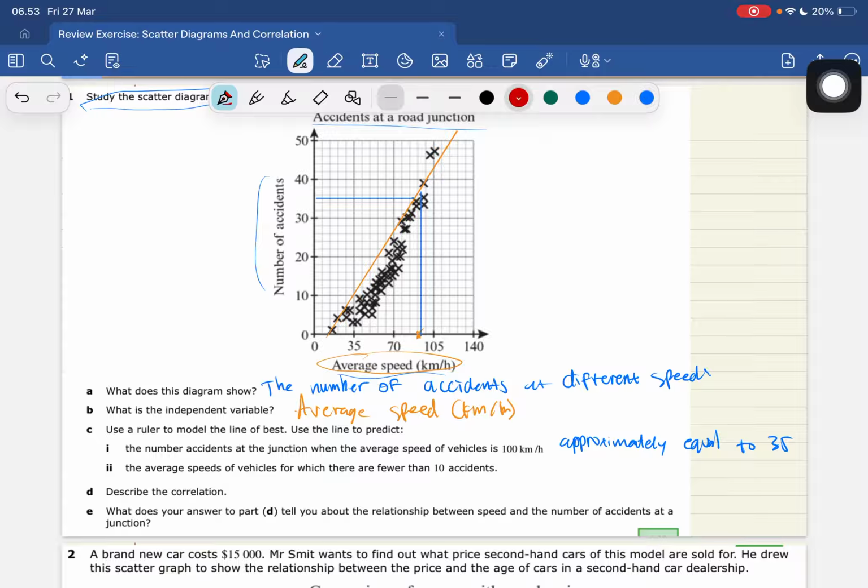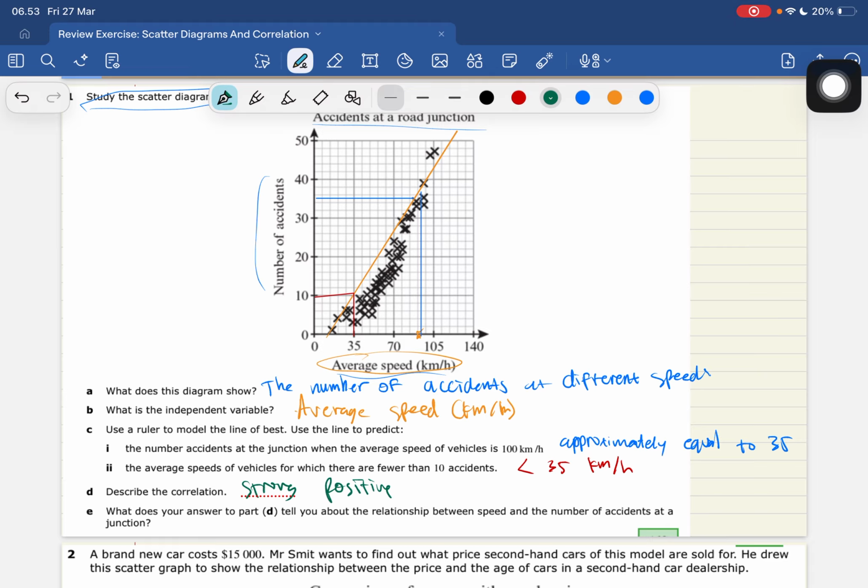Here is 10. Fewer than 10, so the speed needs to be less than 35 km/h. Describe the correlation. Because the points are close to each other, it is a strong positive correlation.